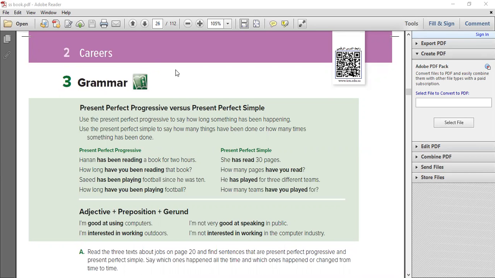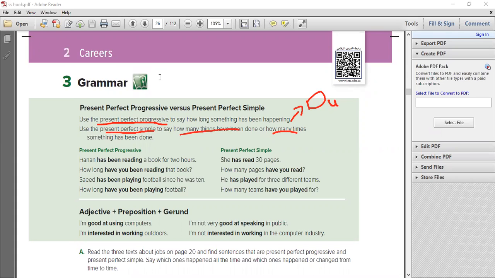Write this in your book: the grammar of the present perfect progressive, let me underline it, focuses on the duration of time. اللي هو المدة, duration. I cannot write it all now, it will take a long time, but this is for the duration of time, how long something has been happening. While the present perfect simple focuses on how many things have been done or how many times something has been done.